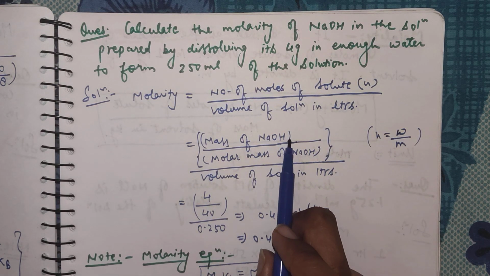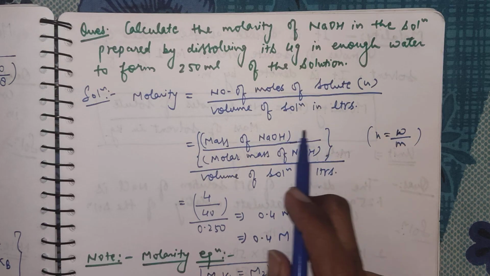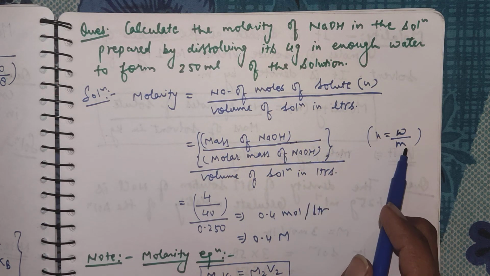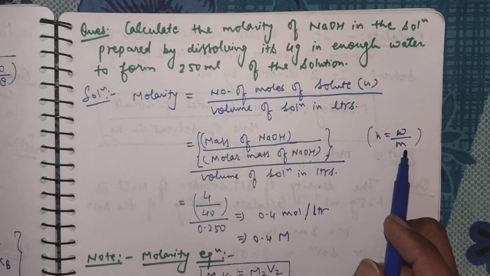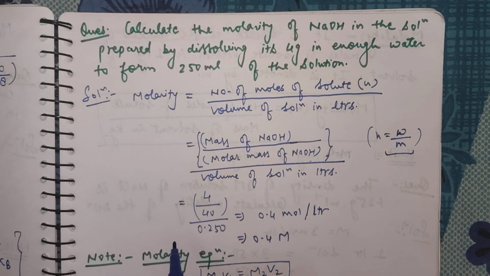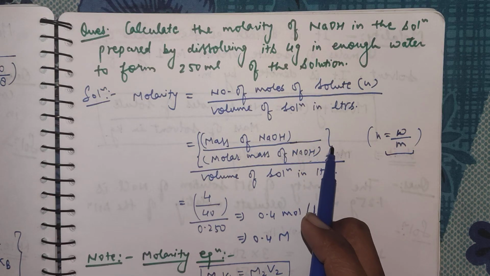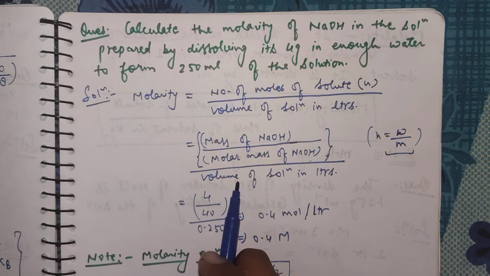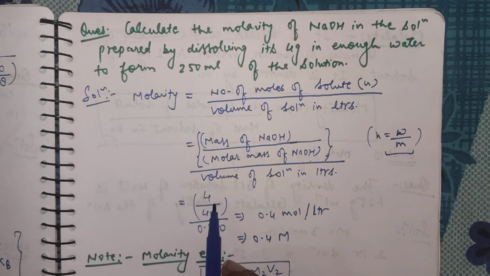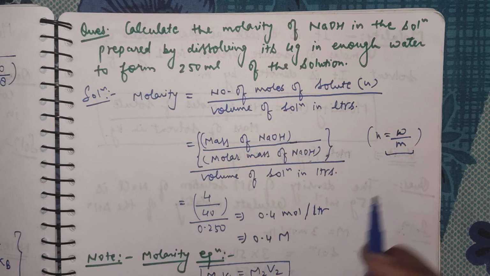We can directly put this symbolic formula here, but I have written it for a clear explanation. So 4 is the given mass and 40 is the molar mass of NaOH.